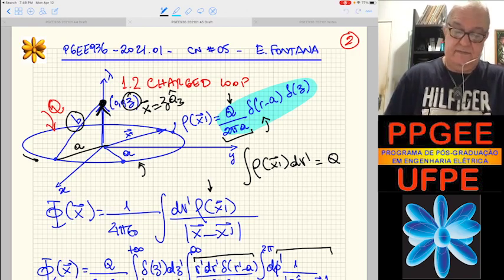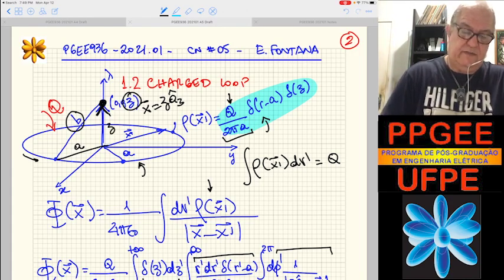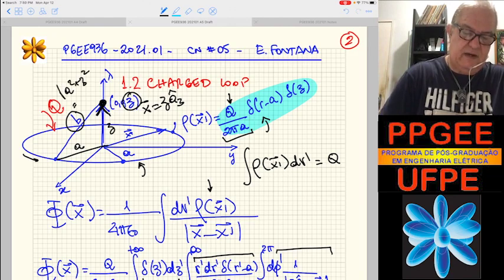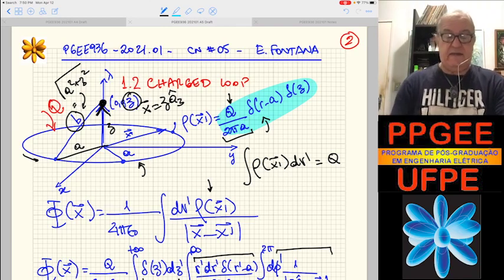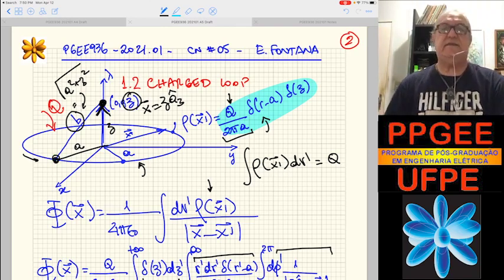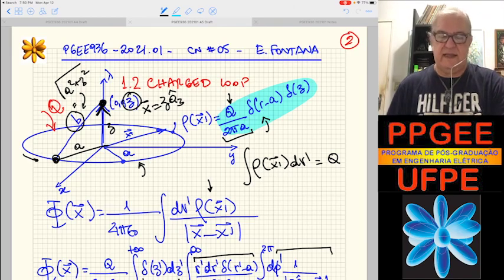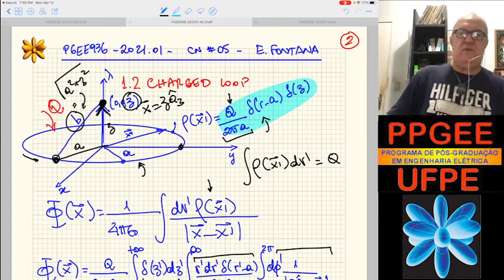So b equals the square root of a squared plus z squared. That's what this is. So in fact, the potential is like we had the charge at a distance b, concentrated at any point on the loop. That's the charge of the loop.